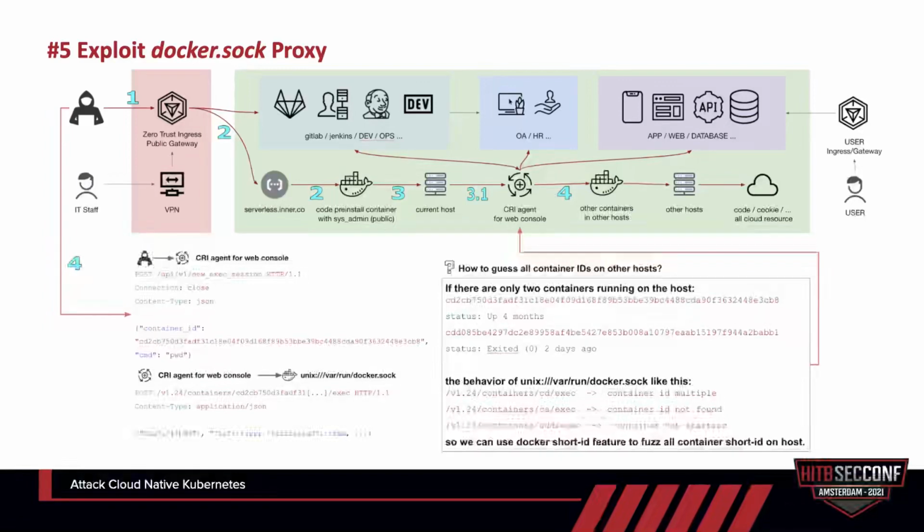For example, if there are only 2 containers on the host like below, one up for 4 months, the other one existing for 2 days, and their container IDs start with C. Requests with different container IDs will return different results, including the following 3 results: container ID multiple, container ID not found, container ID not stopped.